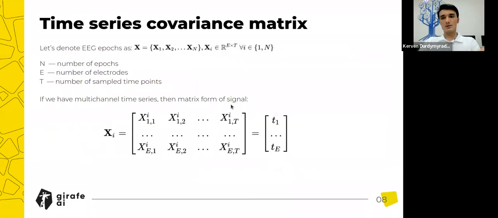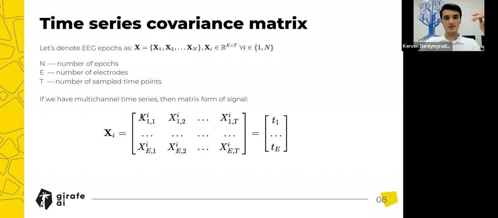So now let's start with some math. As we said before, we have signals, and we will write them in matrix form. This X is our EEG signal, and X1, X2, and Xn are the epochs. For example, in that case, we have n epochs. Okay, and each Xi matrix is in that form.